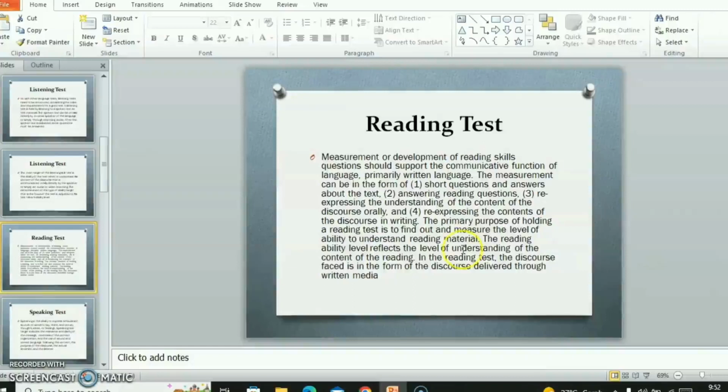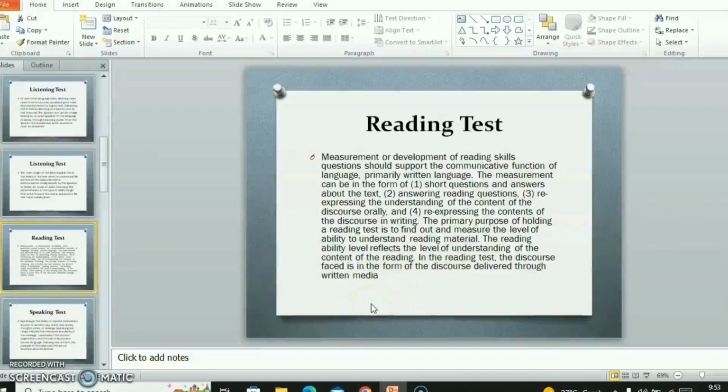The primary purpose of holding a reading test is to find out and measure the ability to understand reading materials. The reading ability level reflects the level of understanding of the content of the reading. In the reading test, the discourse is in the form of discourse delivered through written media.